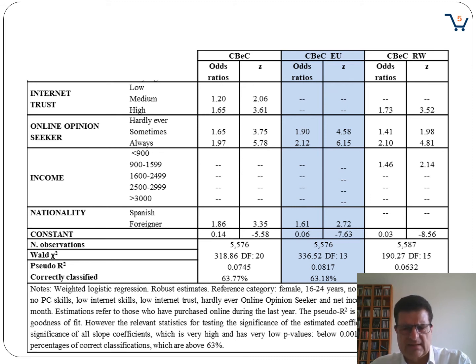And this is highly significant because the chi-square of 20 has a critical value which is maybe around 40 or 50, and that is way above the chi-square that has been computed here.